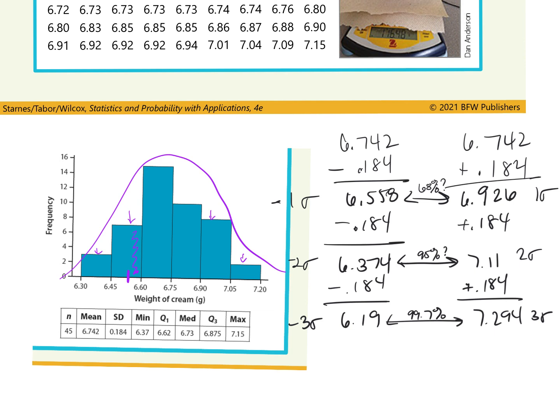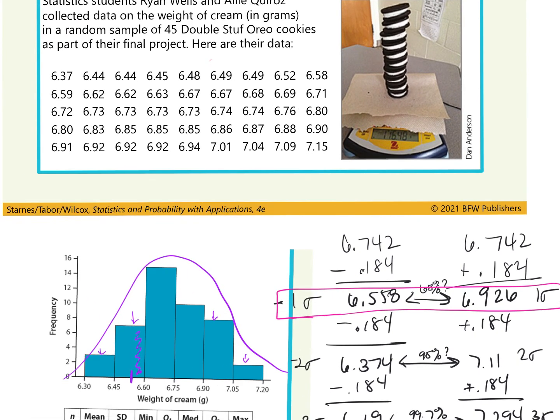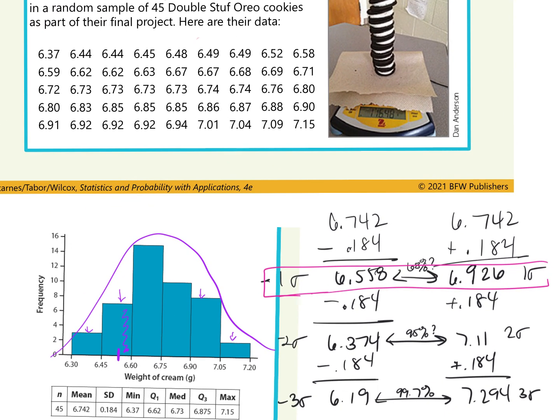So we're going to use pink highlighting for numbers that are within 1 standard deviation of the mean. It's going to start with the closest number to 6.558, and it has to be above it. So 6.52, 6.55, so here's the first value that is in that interval.